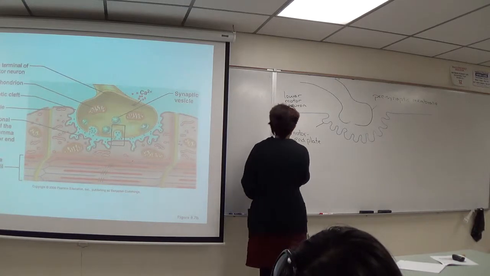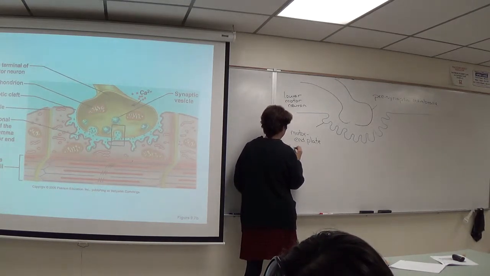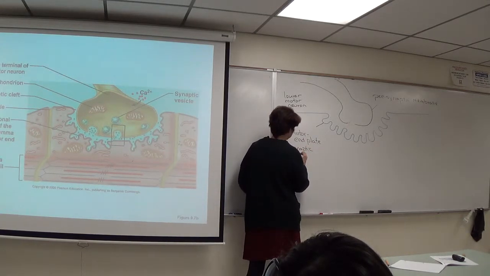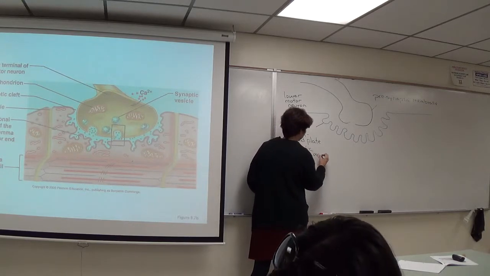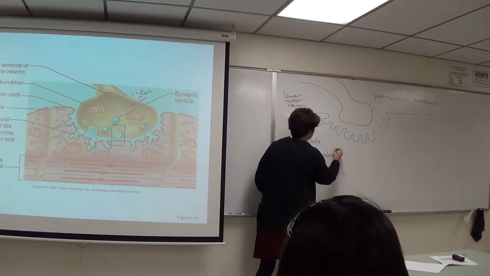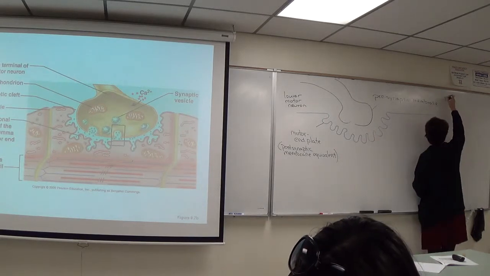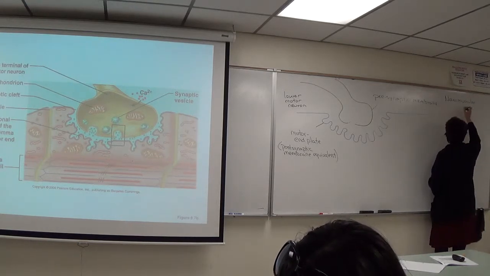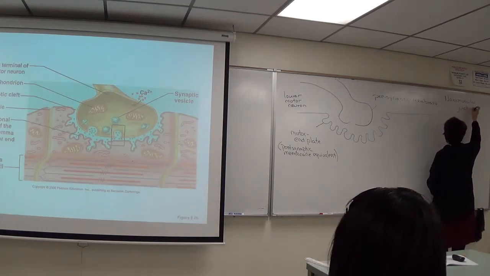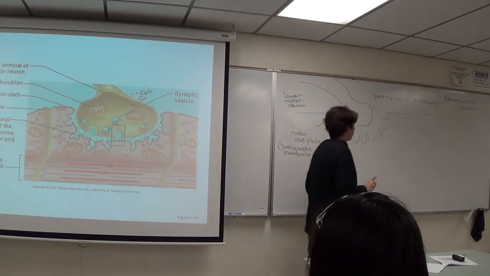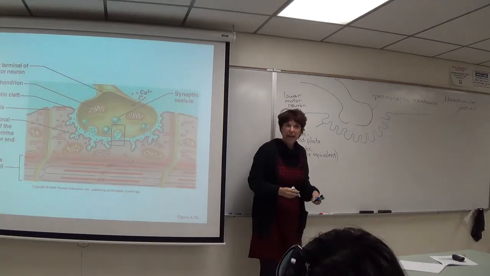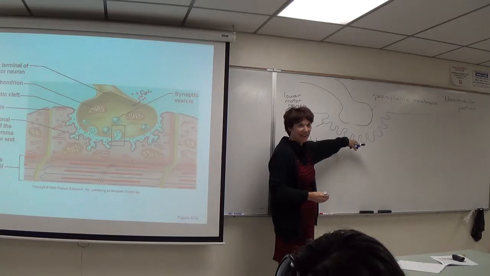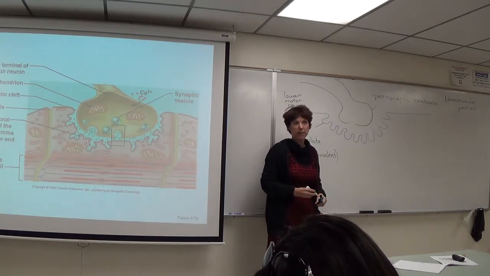The motor end plate is the equivalent of the postsynaptic membrane. And this is a neuromuscular junction. The space, we still confusingly call the synaptic cleft, not the junctional space. All right, but it's the distance that our neurotransmitters would have to diffuse.